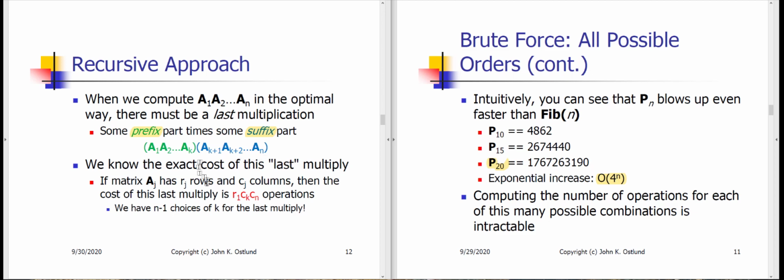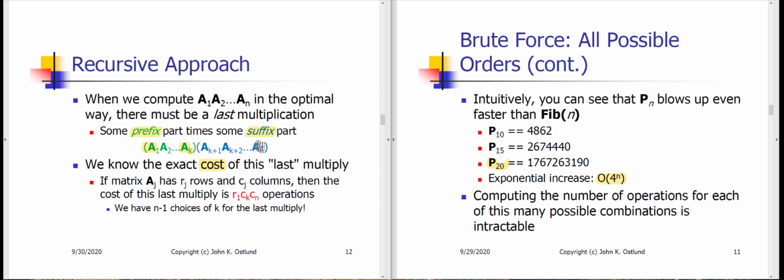And in fact, we know exactly what the cost is of doing this last multiplication, because the first factor in the cost is the number of rows of A1. The second factor is the number of columns of AK, because the prefix is going to have the number of rows in A1 times the number of columns in AK. Now that means that the number of rows of AK plus 1 has to be the same in order for this multiplication to be well formed.